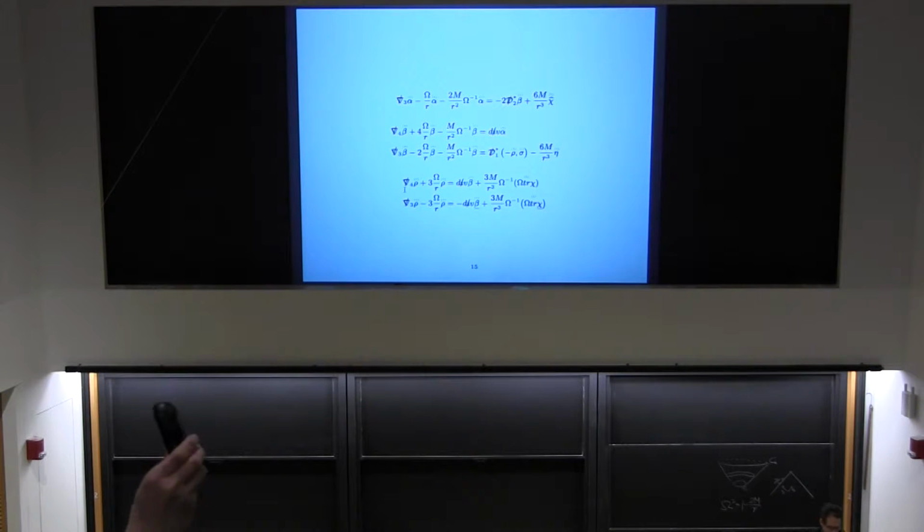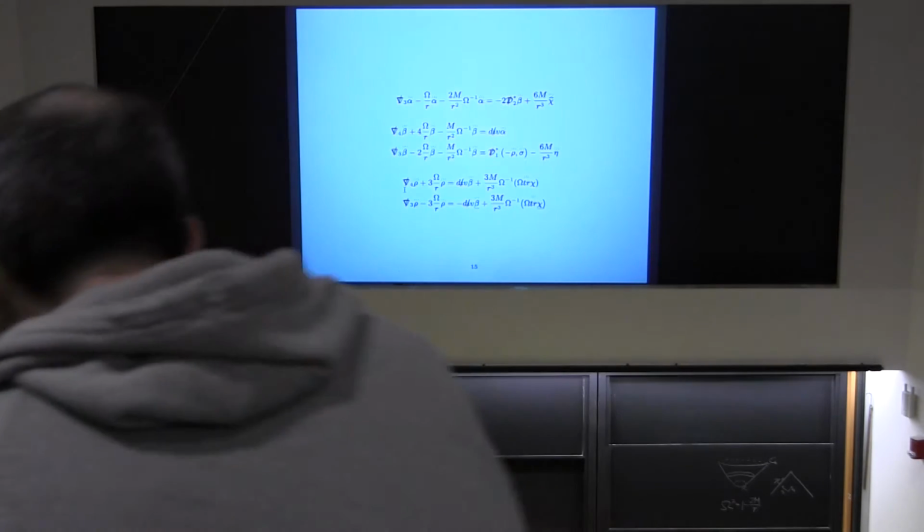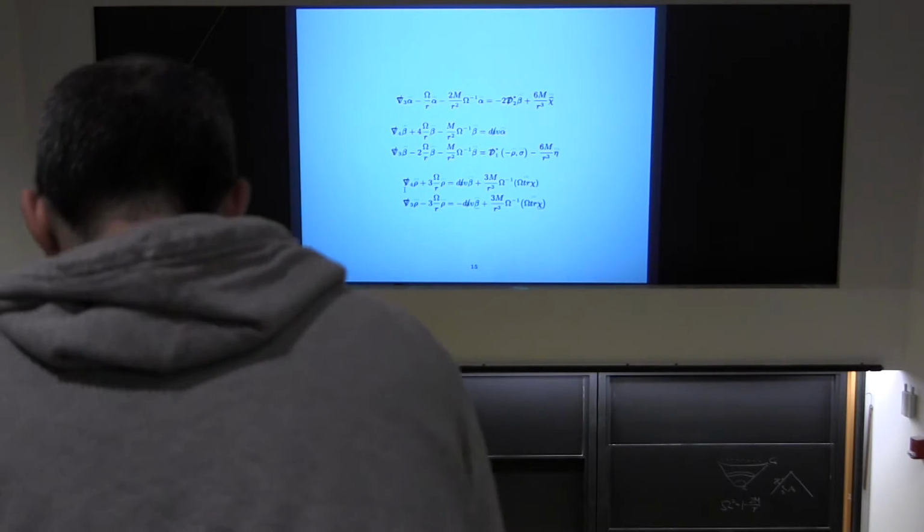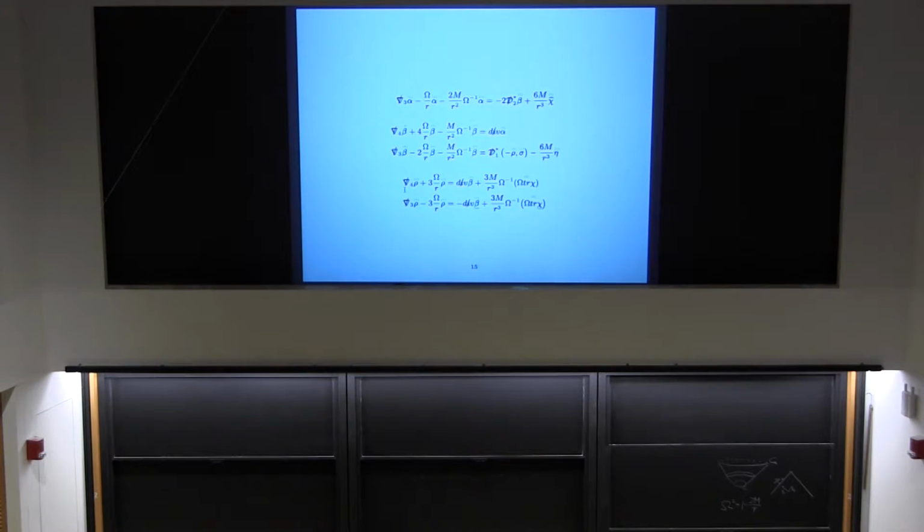Omega squared is 1 minus 2m over r, so it's a weight that vanishes on the event horizon, which you remember is located at r equals 2m, where r is just the Schwarzschild r. So the first equation is an equation for the curvature components, except for the last term, which involves the component chi hat, which is a linearized connection coefficient. And this was the coupling that I was alluding to earlier.